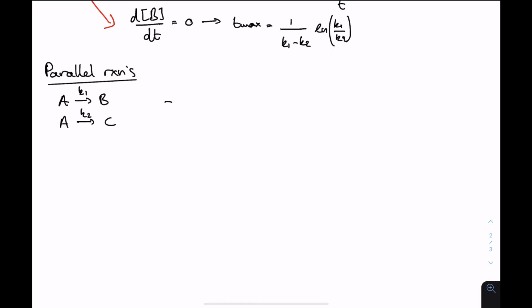Okay, so minus dA/dt will be K1 times A plus K2 times A. Write it like this.